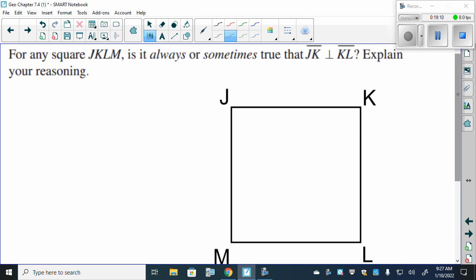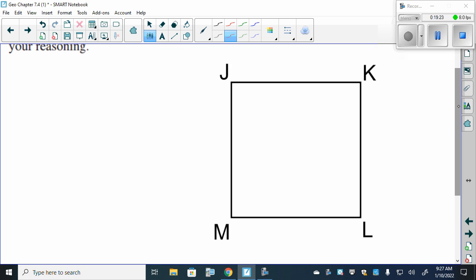Okay, let's look at this one here. For any square JKLM, it is always or sometimes true that JK is perpendicular to KL. Well, by definition of a square, all four sides are congruent. What else do we know? Four right angles.